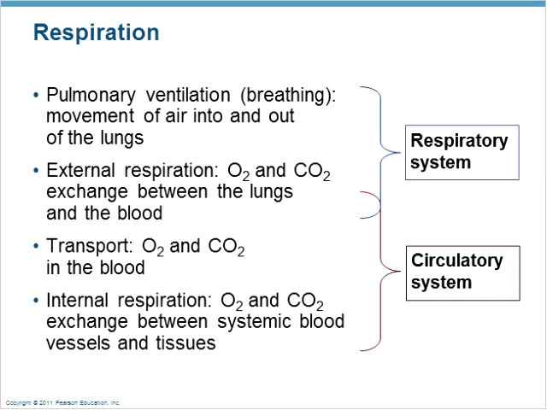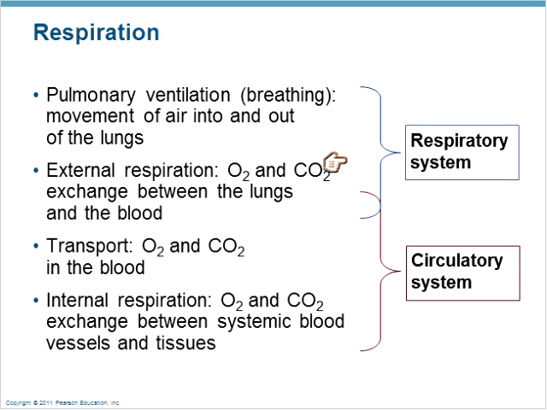When we talk about the respiratory system, we're really talking about pulmonary ventilation, breathing, where we have movement of air into and out of the lungs. And then we have what's called external respiration, which is where O2 and CO2 are exchanged between the lungs and the blood. So from the outside world to the blood in the lungs, that's external respiration, as opposed to internal respiration, which is the exchange of oxygen and CO2 within all the tissues of the body.